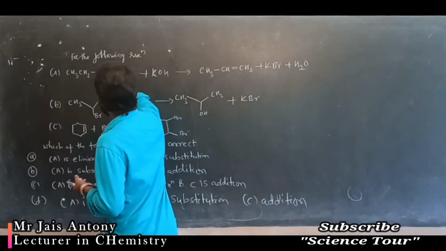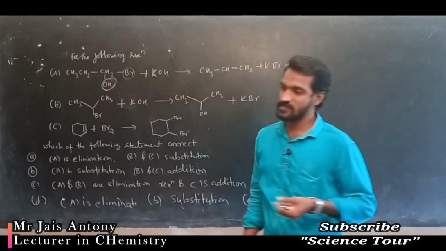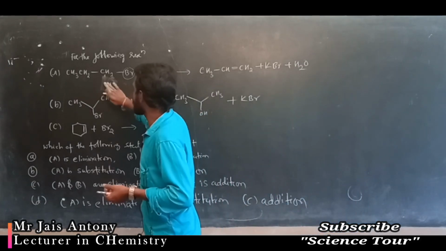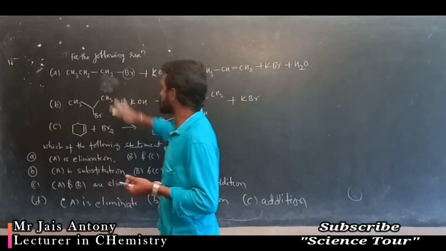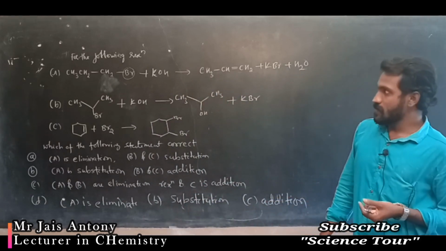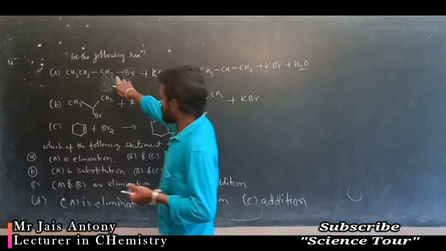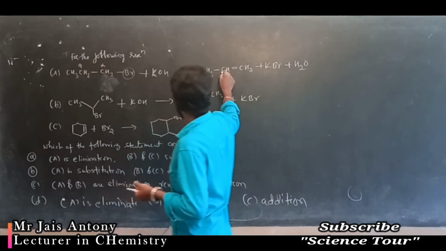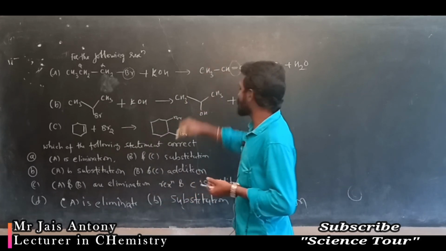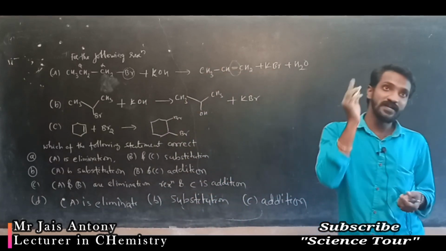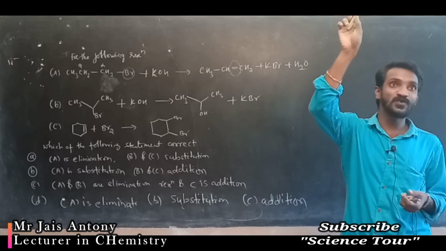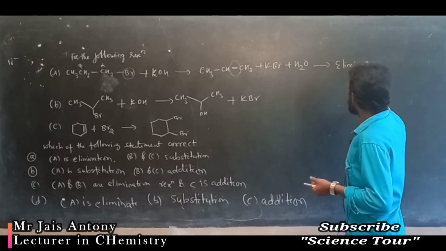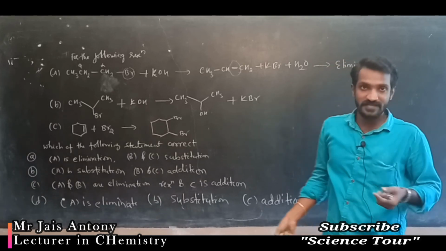Br is removed and one H is removed. There is no OH in this particular one. Sorry. Br is removed from alpha, and beta carbon H is removed, and you are getting an alkene substituted compound. When it gives alkene, immediately remember that it is E2 elimination. That means elimination reaction. We studied it last class.